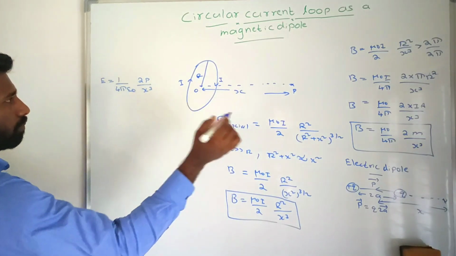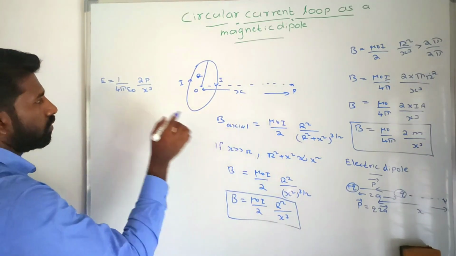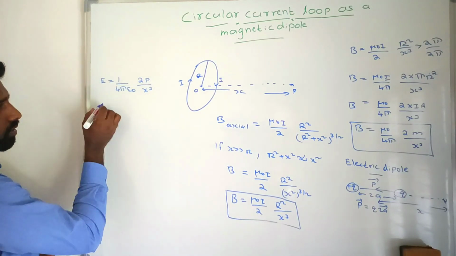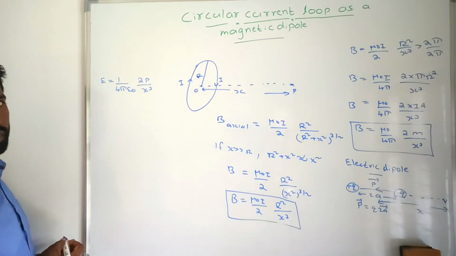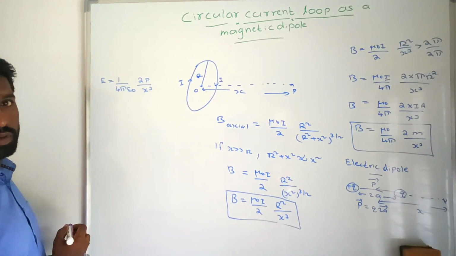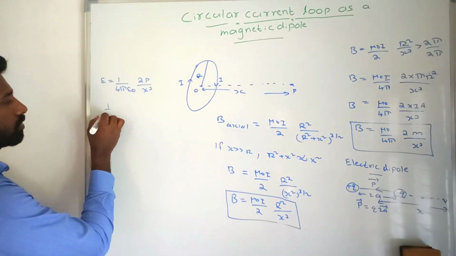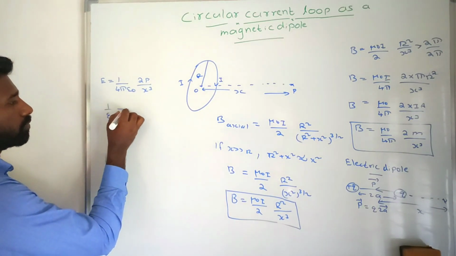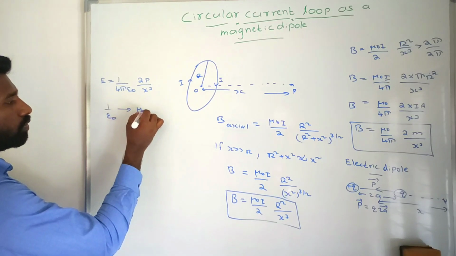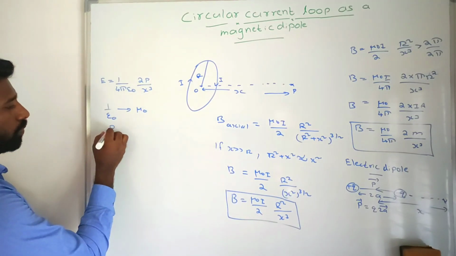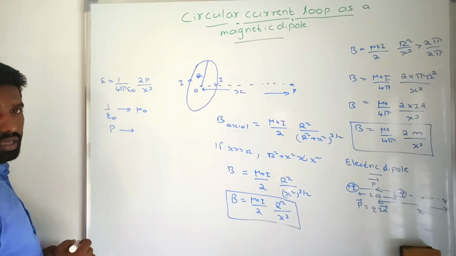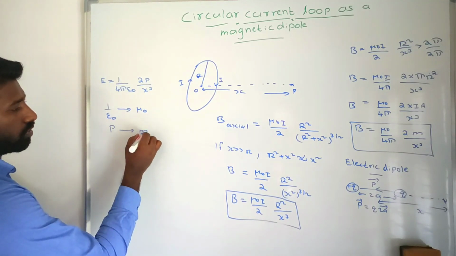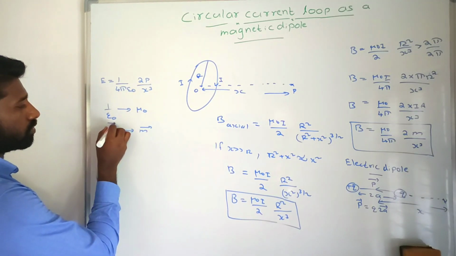So now you can compare this equation. In this equation, change the electric variable to the magnetic variable, that is 1 by 4 pi epsilon 0 to mu 0, and P, the electric dipole moment, changes to the magnetic dipole moment.